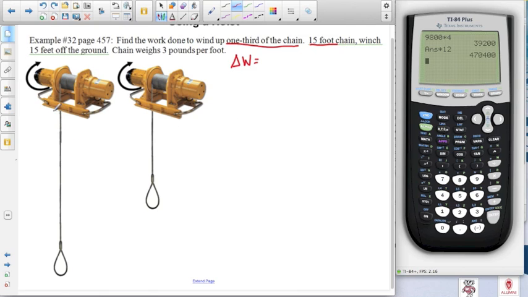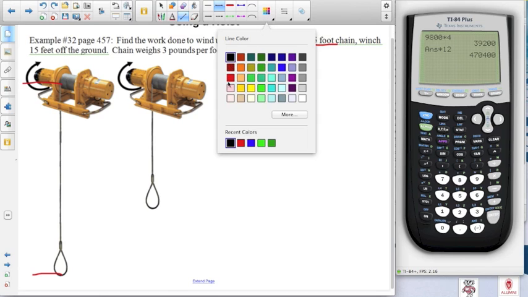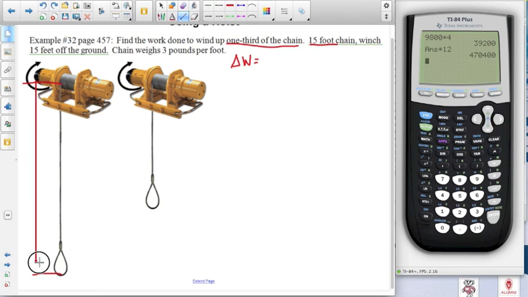So if this is 15 feet, as we wind up the chain here, if we are winding up 15 feet of chain, and we're only winding up 1/3 of it, that means we're winding up 5 feet.